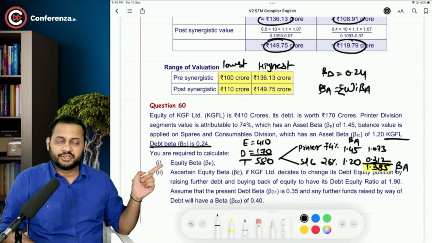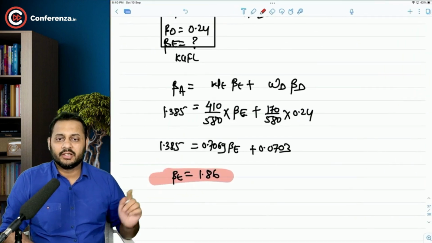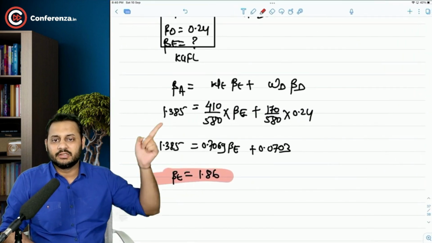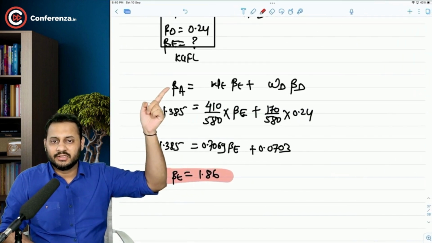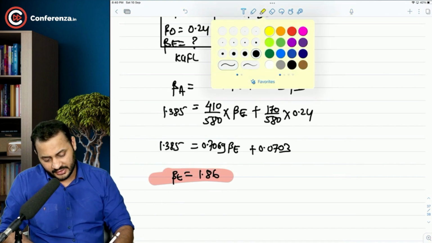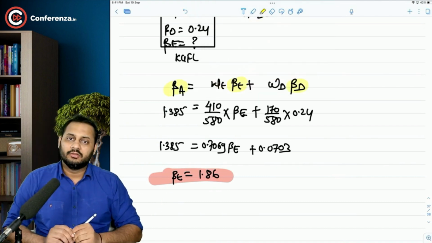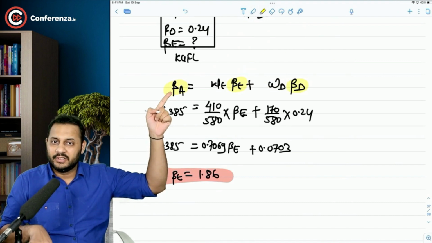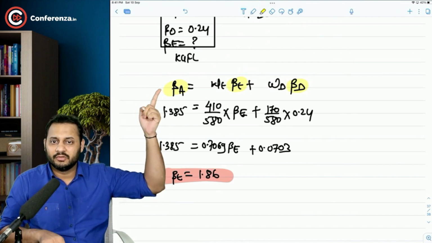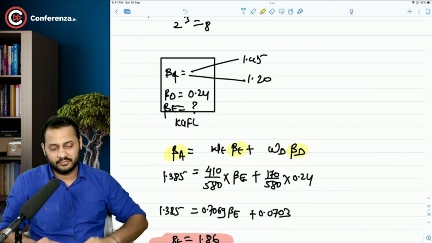The very first question that it is asking is to calculate the equity beta. Equity beta can be calculated as 1.86 like this. Beta of the asset is the weighted average of equity and debt. So in order to calculate the equity beta, we need beta of the asset. Beta of the debt is already given. Beta of the asset is calculated from the weighted average.